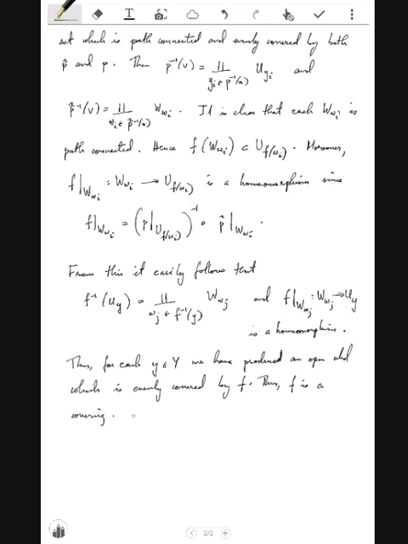So we define phi of p to be equal to Aut of f.